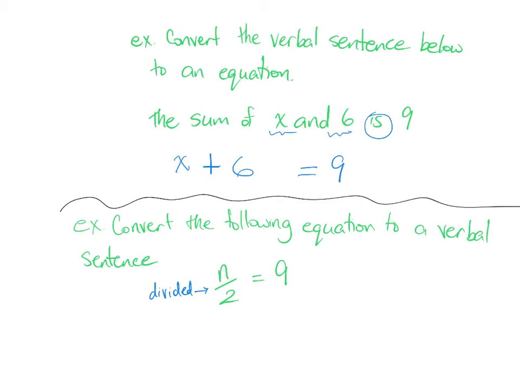I choose n divided by 2. And remember that the equal sign is just "is." So I can now say is 9. So n divided by 2 is 9. And then you can figure out what n is if you like, but we're not going to do it in this video. Now we're going to actually try a real word problem with real application.